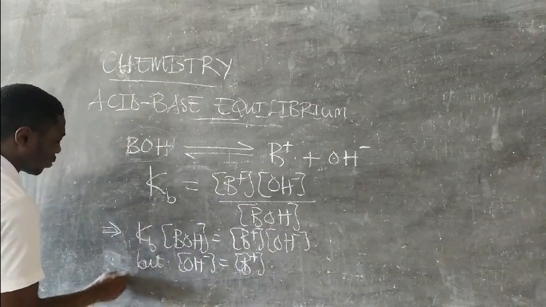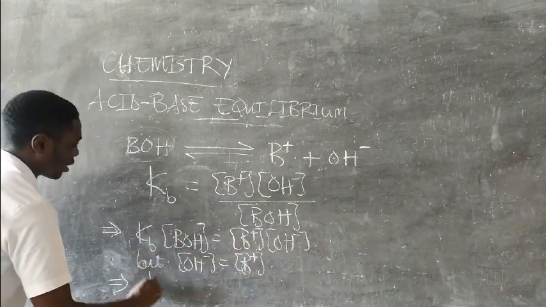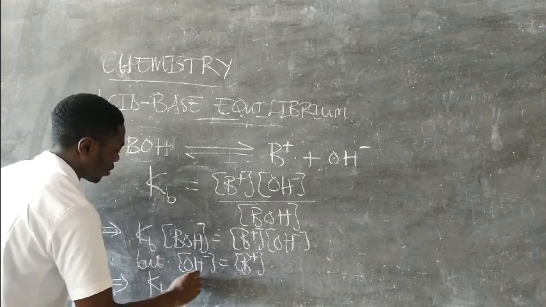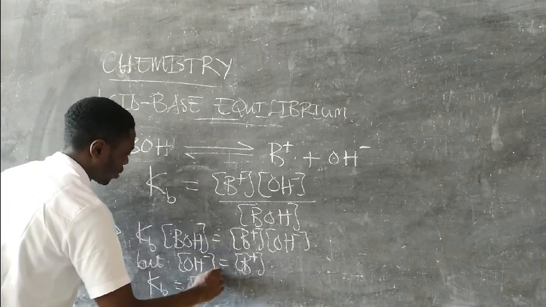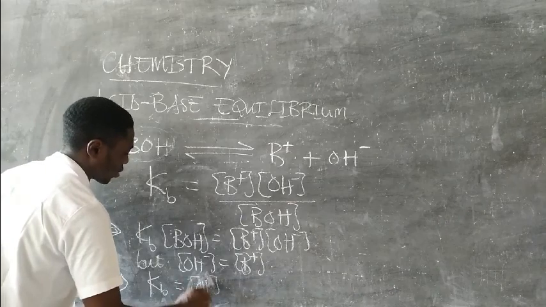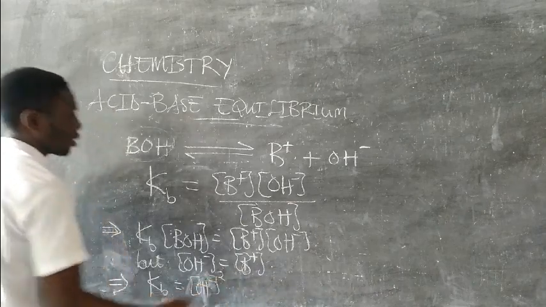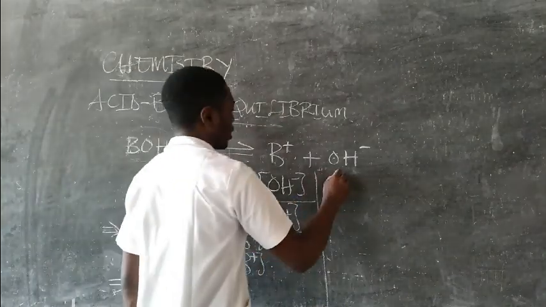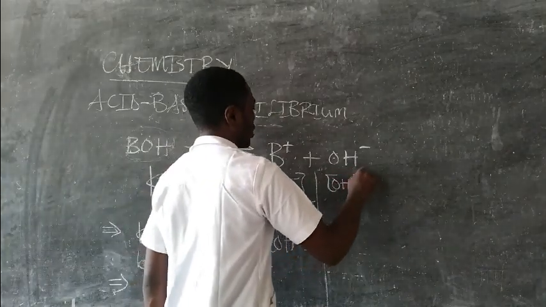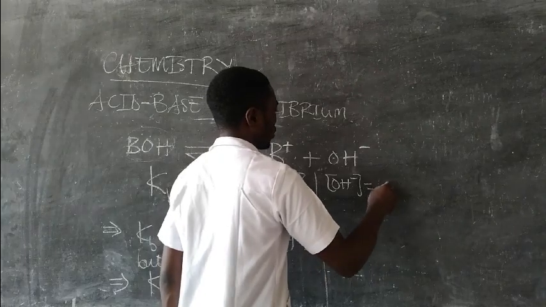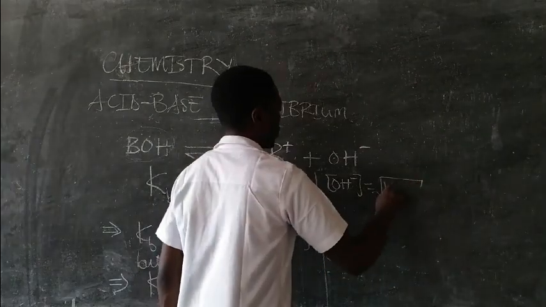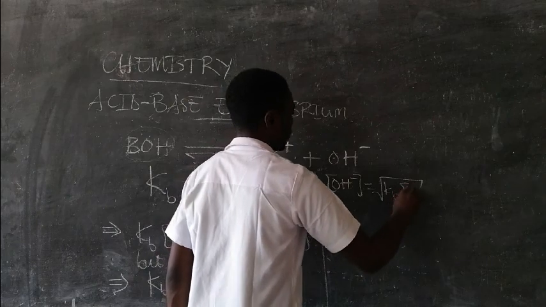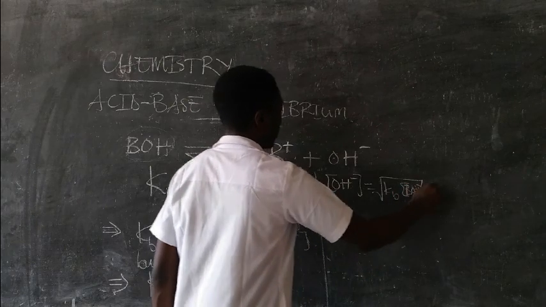So it means that we can write this same equation as Kb equal to the concentration of B+, or OH-, all that squared. So in the same light, just like that of the acid, we can say the concentration of OH- is equal to the square root of Kb, the equilibrium constant of the base, times the concentration of the base.